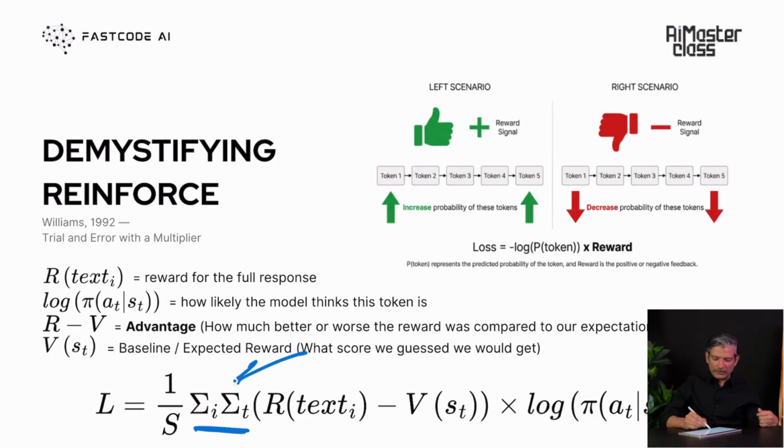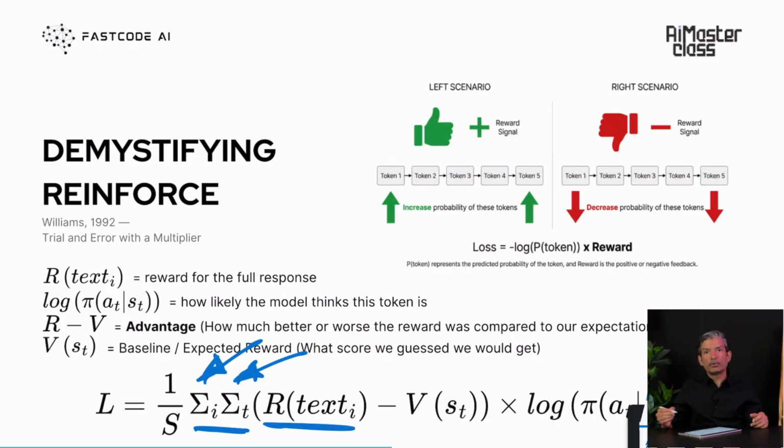The inner for loop goes faster, over tokens, because every sequence has tokens 1 to t, and then the outer is over the sequence, i equals 1 to n. Your reward is per sequence, but your value function is at the current token. You can think of the reward as the future, but the value function as the present.